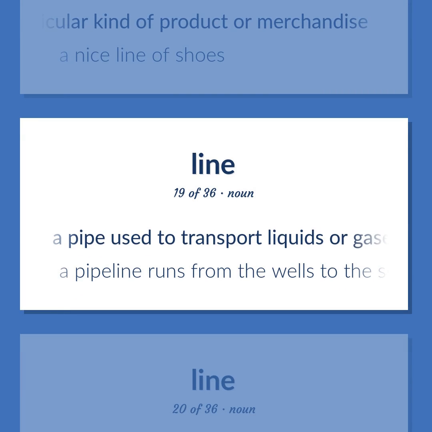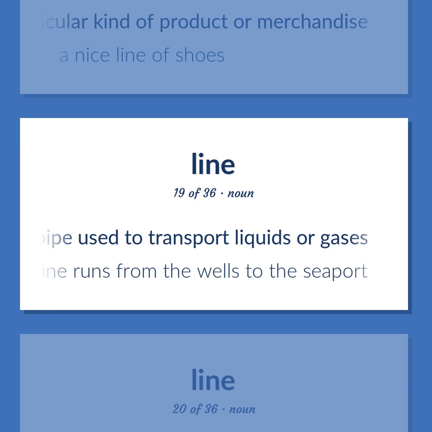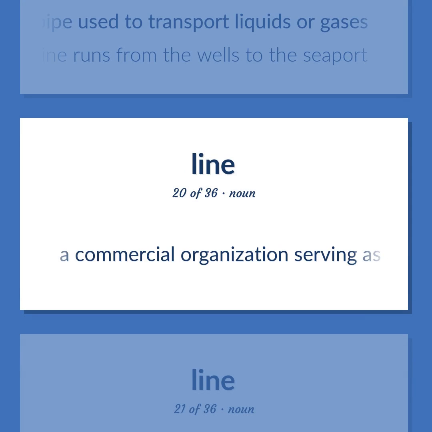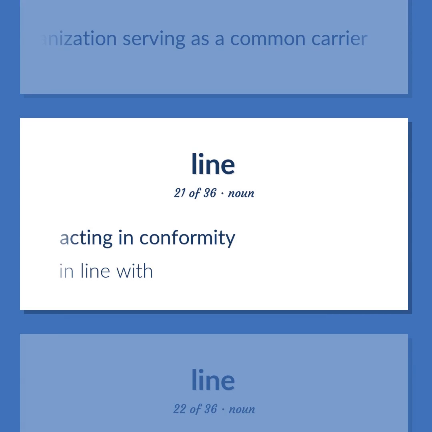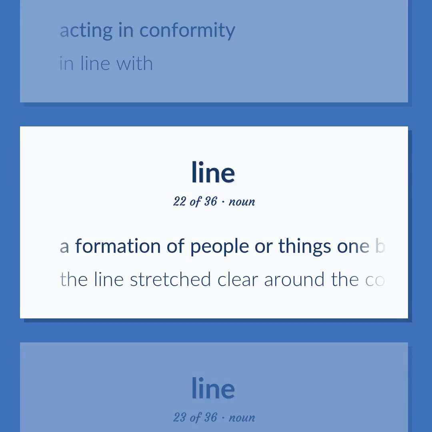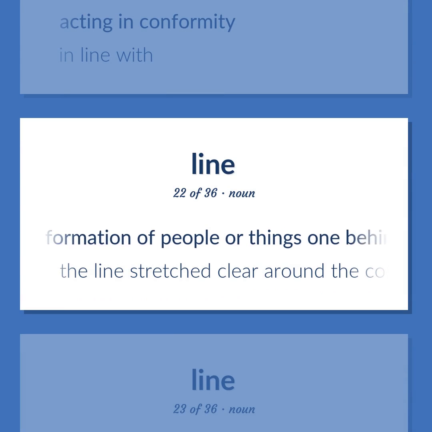A pipe used to transport liquids or gases. A pipeline runs from the wells to the seaport. A commercial organization serving as a common carrier. Acting in conformity. In line with. A formation of people or things one behind another.